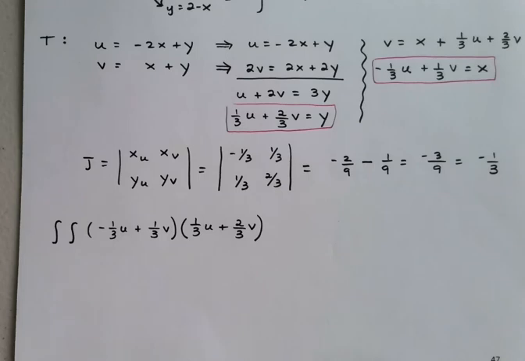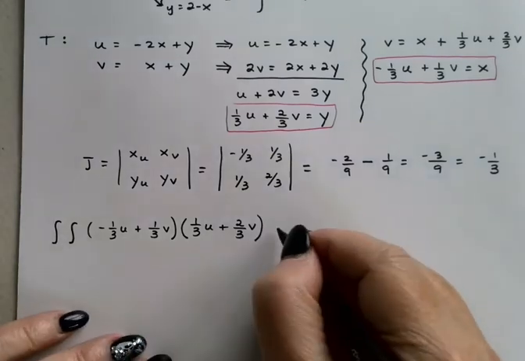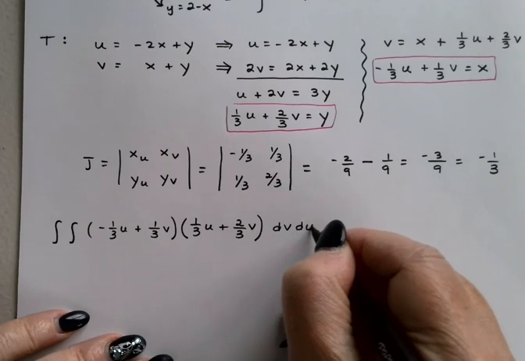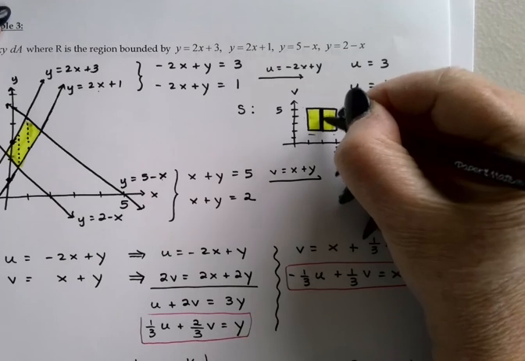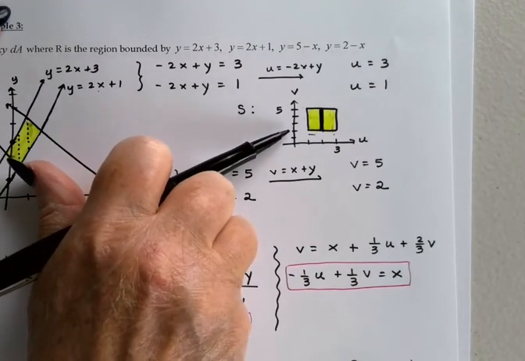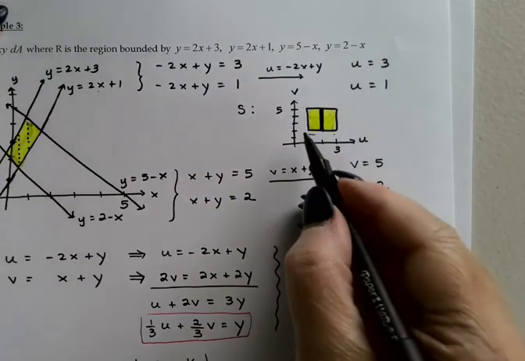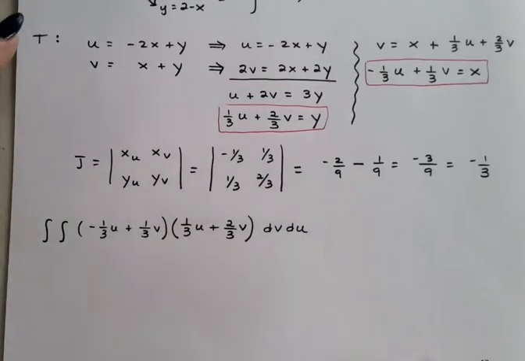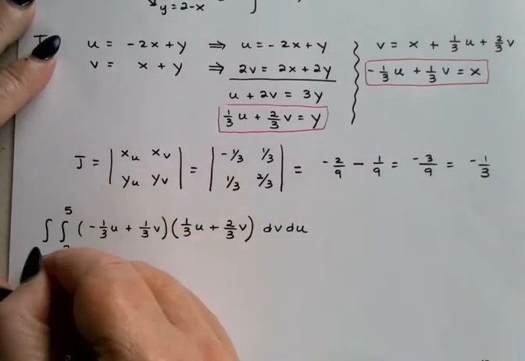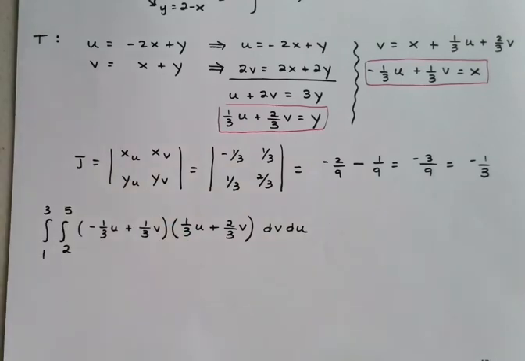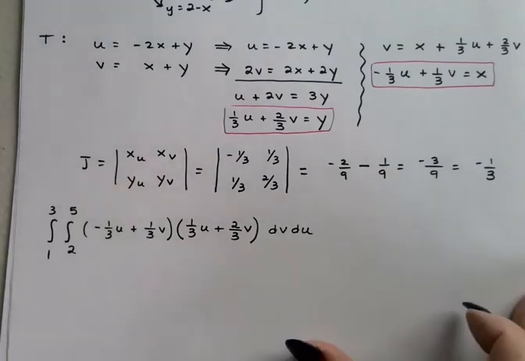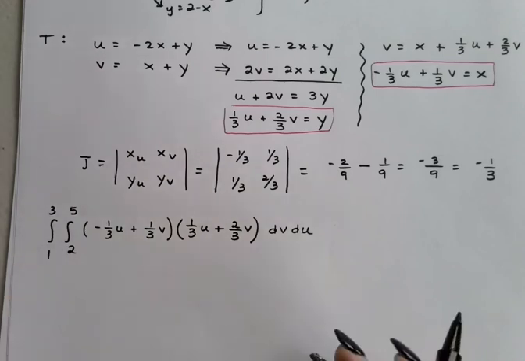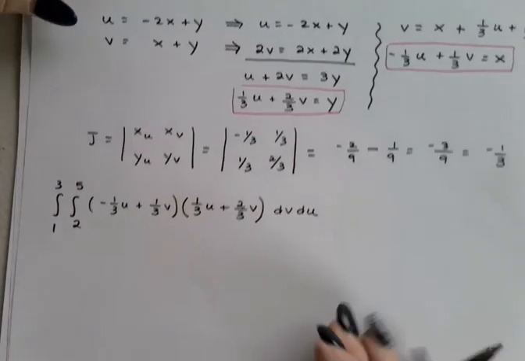It doesn't really matter, I'm just going to assume a vertical rectangle, so I'm going to go dv du. V went from 2 to 5, and u from 1 to 3. We definitely made our integrand a little bit uglier, but it's just polynomials. They're not too bad to deal with. Our limits of integration, however, are really, really nice, and we only had to set up one double integral.